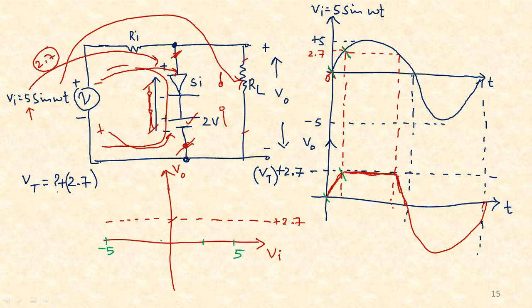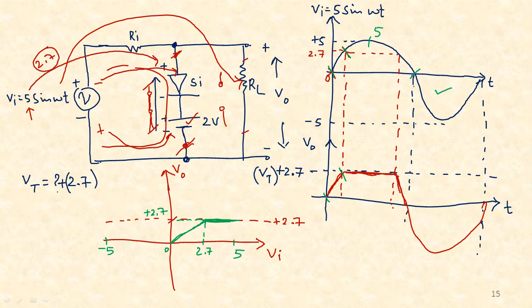So this is 5, minus 5, 0. When the input increases from 0 to 2.7, the output is also increasing from 0 to 2.7. Then obviously it should be a linear curve. Further, when the input increases from 0 to 5, there is absolutely no output. It has been clipped away, so just represent that.